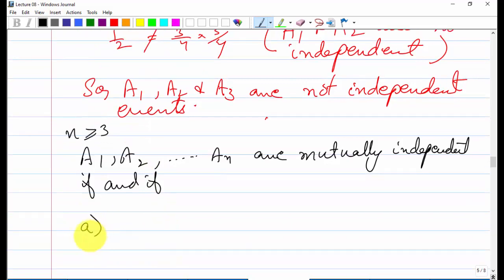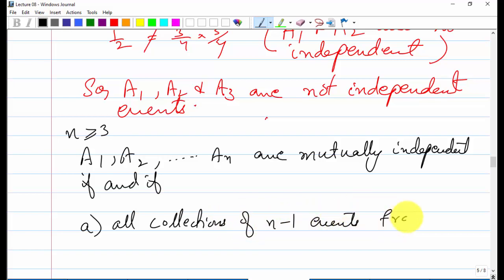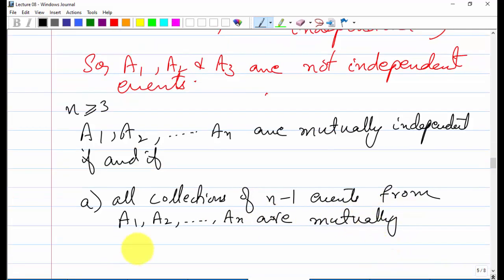So first condition, that all collections of n minus 1 events from A1, A2 up to An are mutually independent.